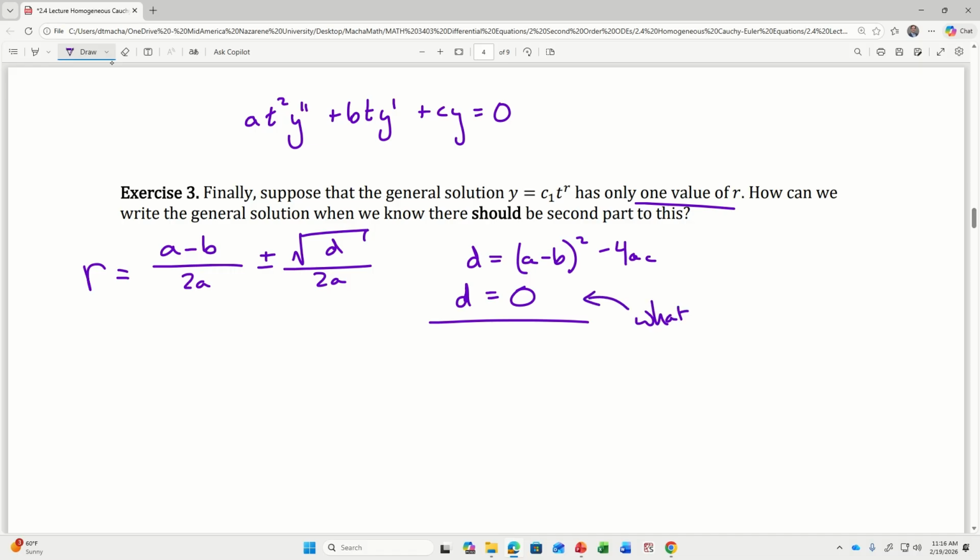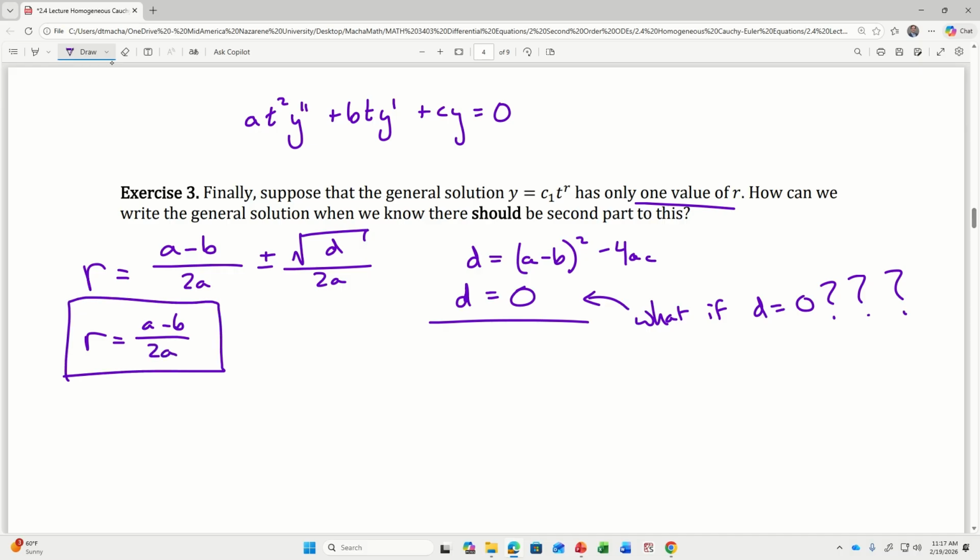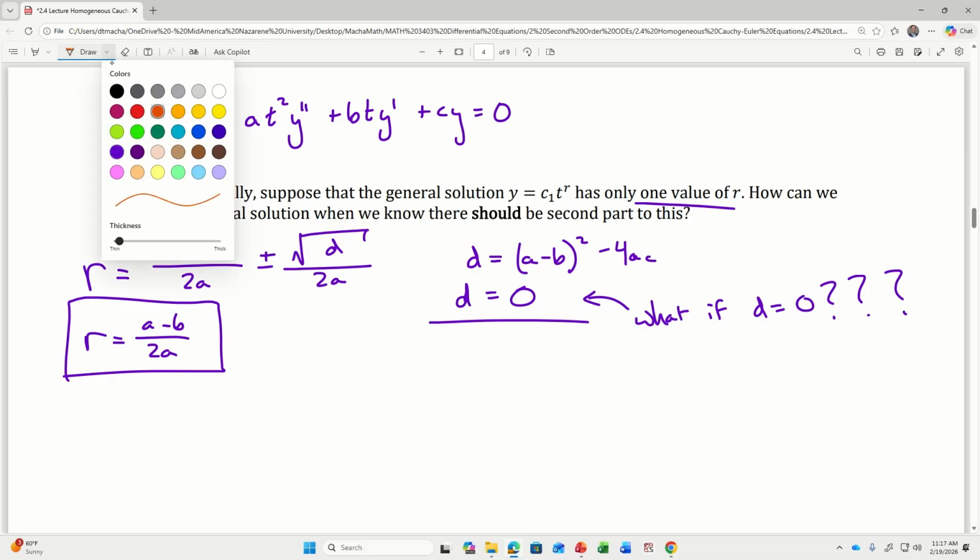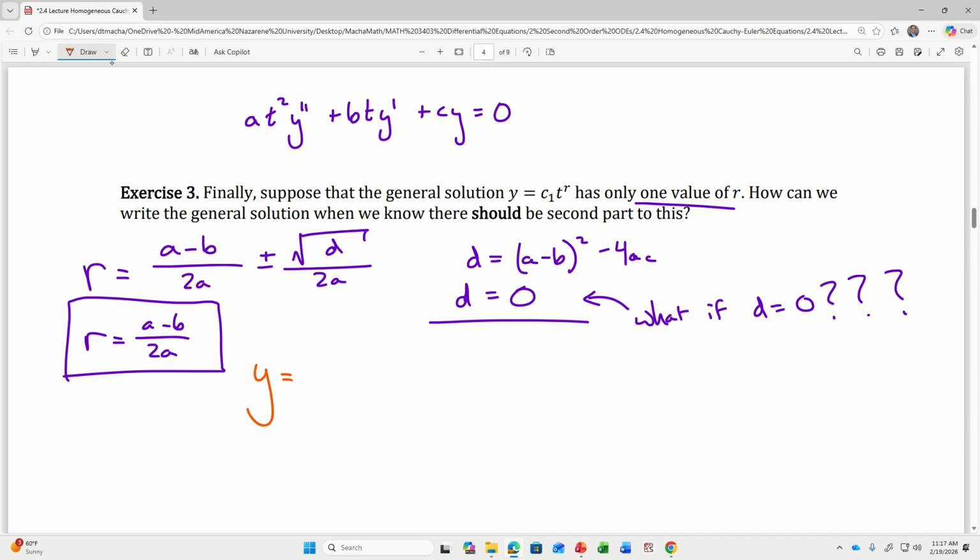We're saying, what if the discriminant is equal to 0? Well, then I would only have one value of r, because I'd be doing plus or minus 0, and r would just be the value minus b over 2a.